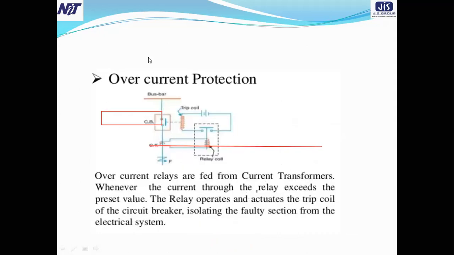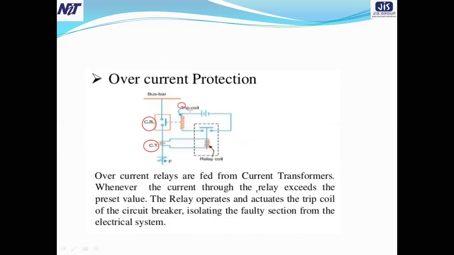Now, if you follow this figure, you will find some connections and elements. Look here, overcurrent relays are fed from a current transformer. So this is the relay and it is fed from the current transformer. The CT represents the current transformer here. The CB means the circuit breaker.